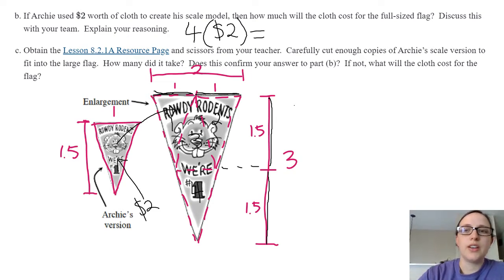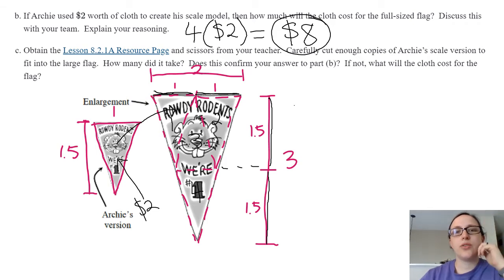And so that 2 times larger flag would cost $8. So we're not just going to multiply $2 times 2, even though it is 2 times the width and 2 times the height, the area is actually 4 times larger.